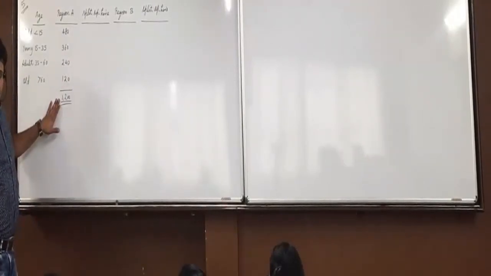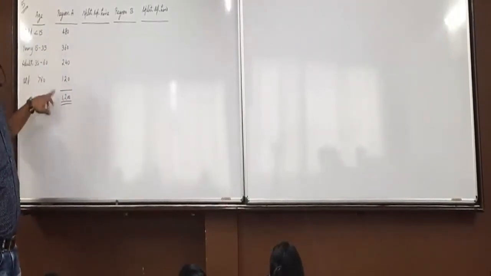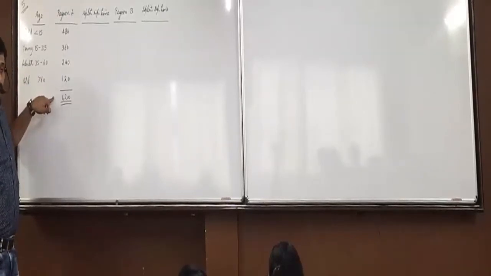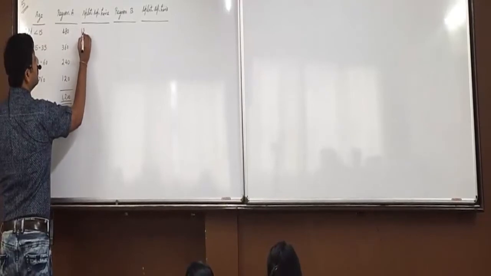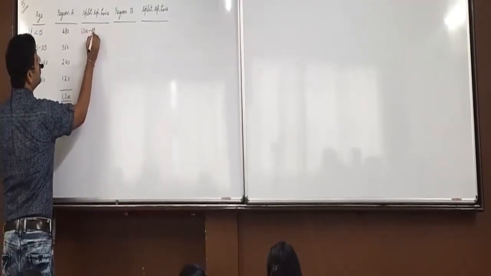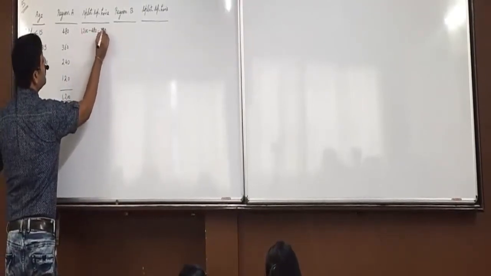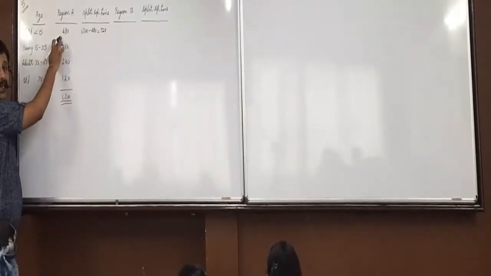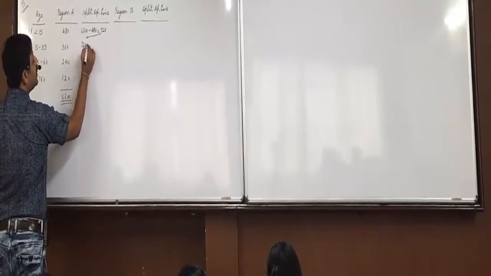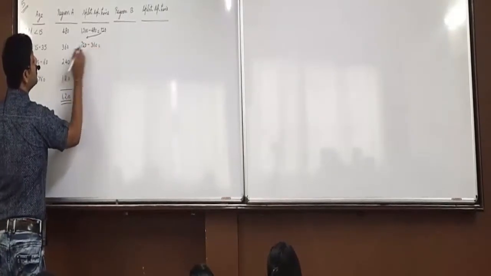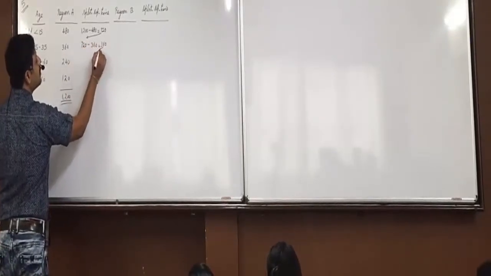From the total, you subtract from top to bottom. Means 1200 minus 480, 720. Then 720 minus 360, 360.